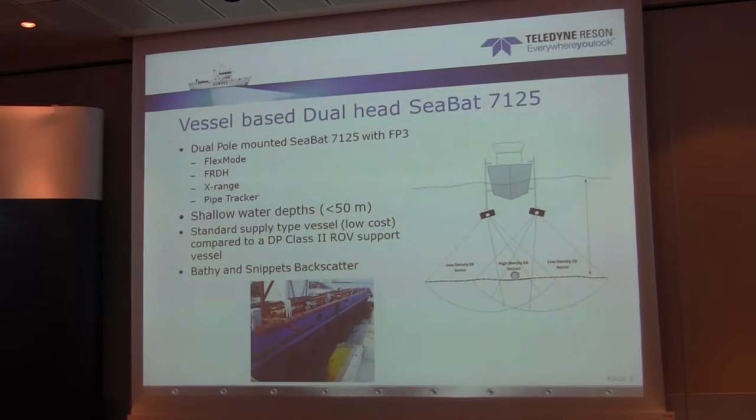And we'd be operating this in relatively shallow water. So we went up to about the 30-meter contour and surveyed about 700 kilometers of pipe there. So we'll be using a relatively cheap vessel to outfit this, and BP was interested in the bathy, but also specifically in the backscatter.